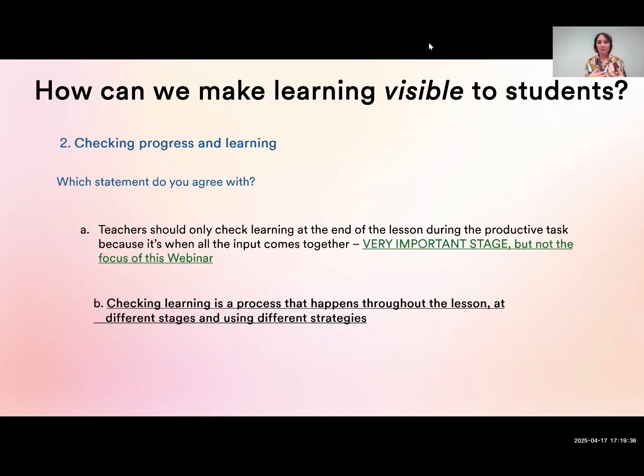It's a checkpoint for you to actually say, okay, was my teaching effective? I've done a little bit of this, a little bit of that. Let's see how the students can now use it. So this is a very key stage of your lesson. However, it's not going to be the focus of this webinar, so I'm not going to talk more specifically about productive stages.